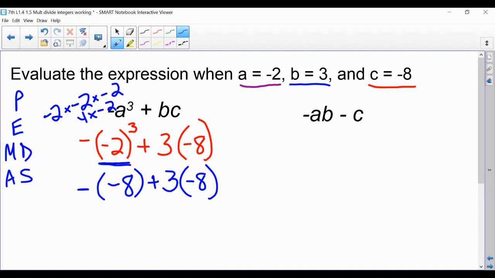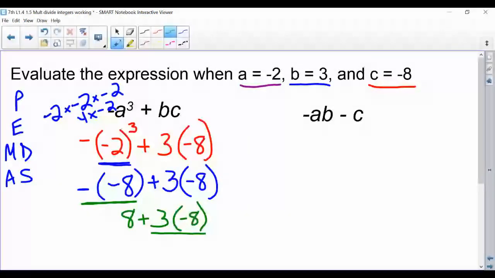So let's look for a minute at what this is. Negative a -8, or opposite a -8, is actually +8 plus 3 times -8. Looking at our orders of operations, there's no parentheses, no exponents, but we have multiplication right here. 3 times -8. 3 times 8 is 24.